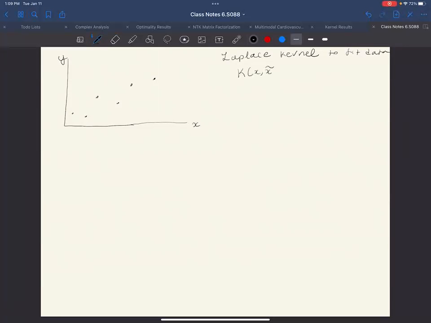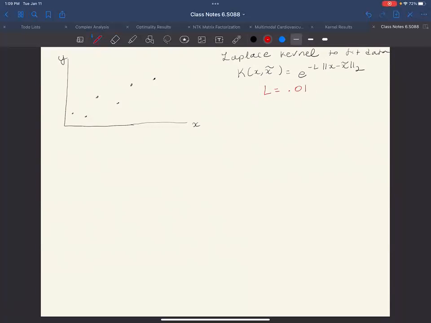For any two points, I have e to the power negative L times the norm of x minus x tilde, without the square. That's the key thing. So now, what happens if L is super small? Let's say L is 0.01. Actually, let me write it in red so that you can see how the curve will look.